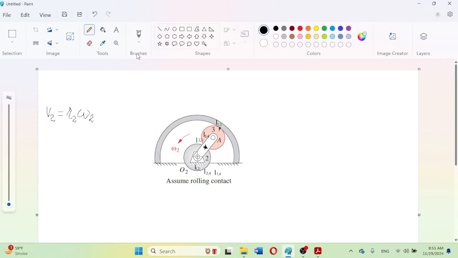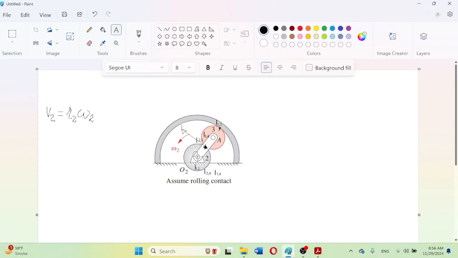I can just draw a simple line here to show that this will be the linear velocity, v2.